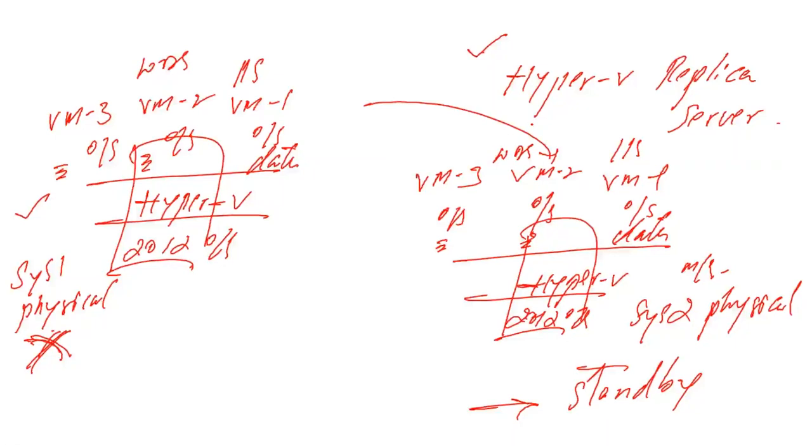But for this practical, please tell me how many physical machines we require. 2. One is system 1, and in system 1 what do we require? Hyper-V service with virtual machines.